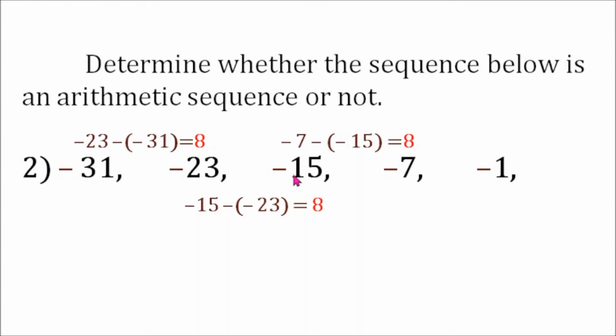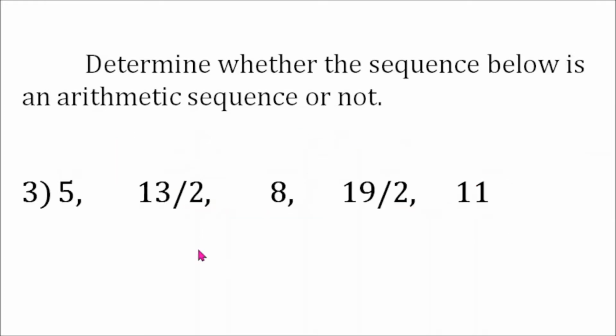Negative 7 minus negative 15, the answer is also 8. Negative 1 minus negative 7, the answer is 6. So there is no common difference. So it's not.